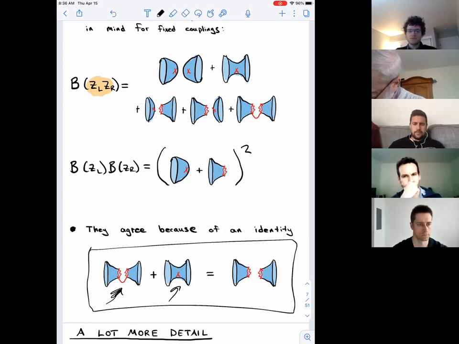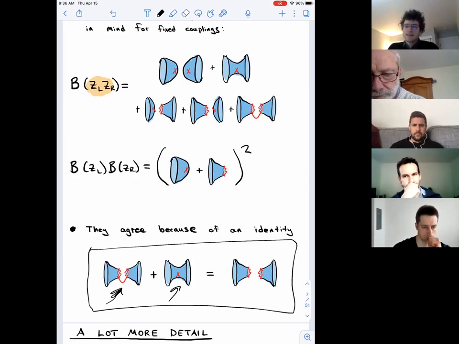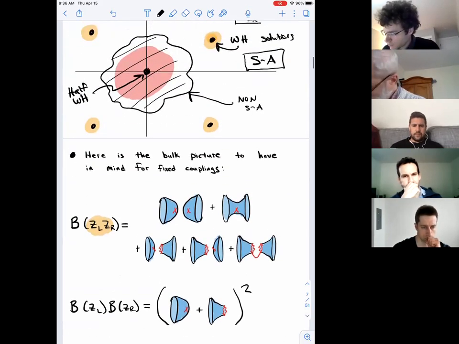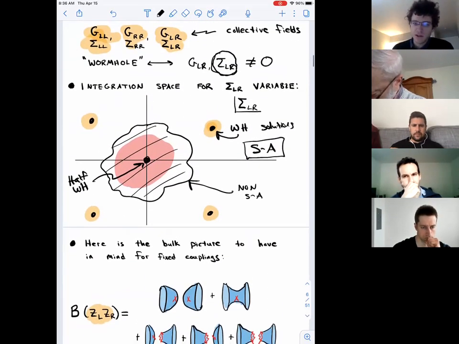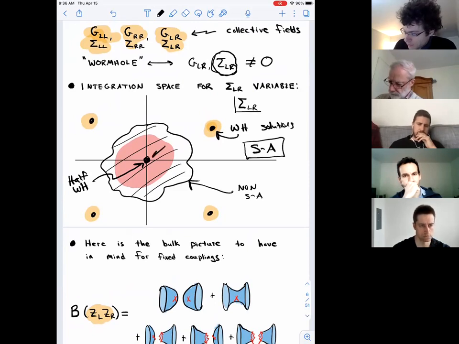But they have wormholes. Do they have a semi-classical meaning all the way? Yeah, they have a semi-classical meaning. So what a semi-classical meaning means in this model is that it's a saddle point of the collective field action. Large N saddle point. And so my claim is that in the theory with fixed couplings, there's a saddle point here.